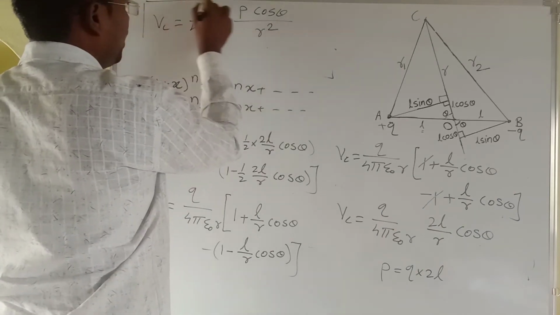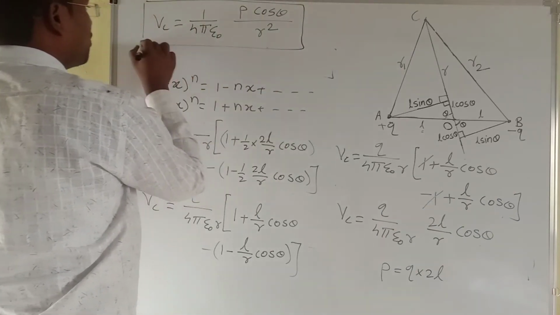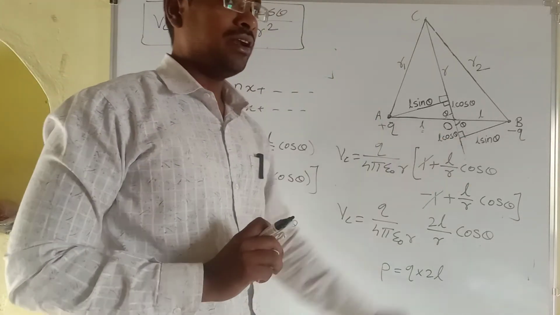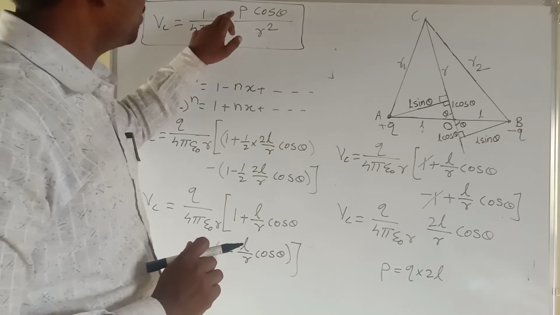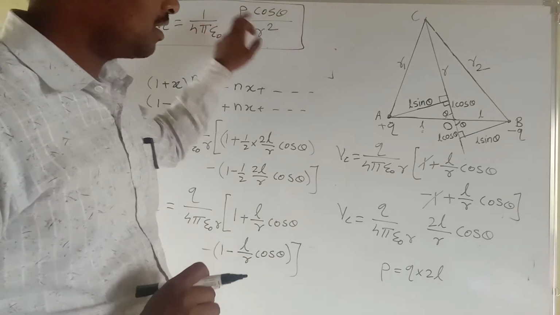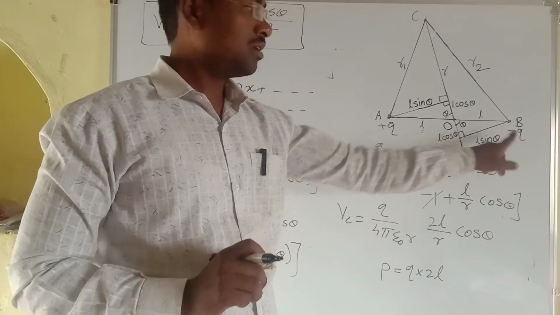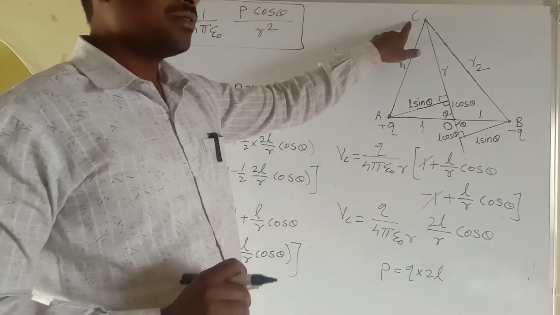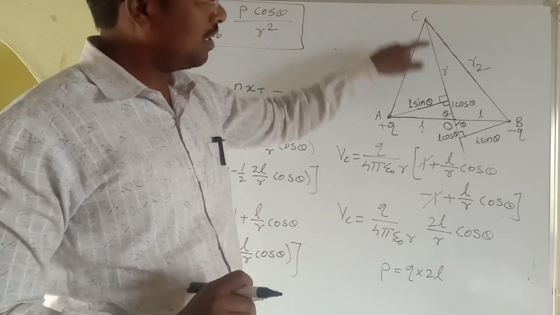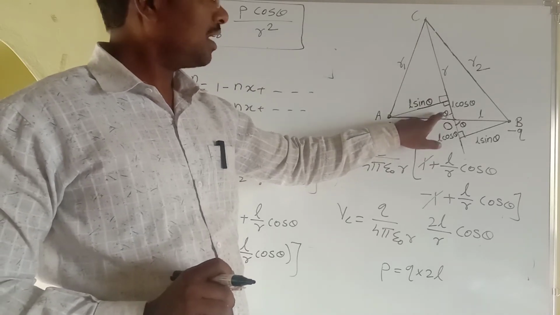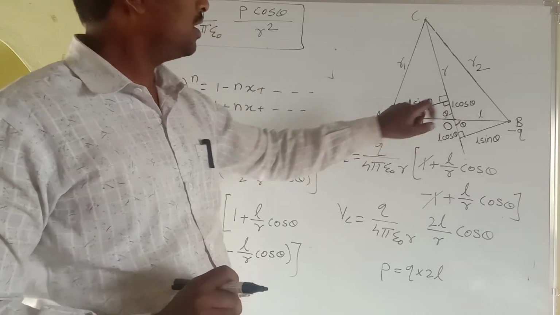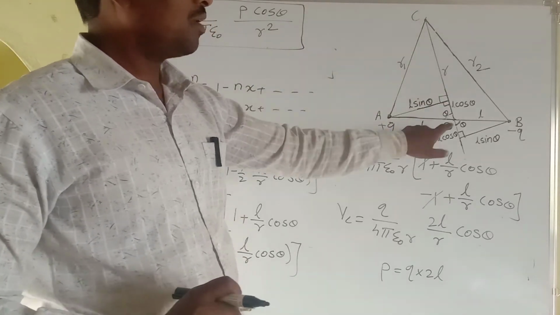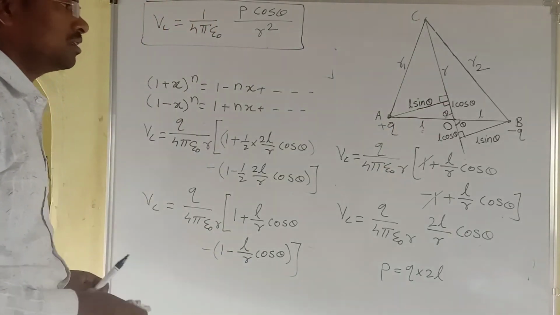This is the electric potential at point C due to this electric dipole. For that, we know the electric dipole moment of that dipole, θ is the angle made with the axis, and R is the distance of point C from the center of the dipole.